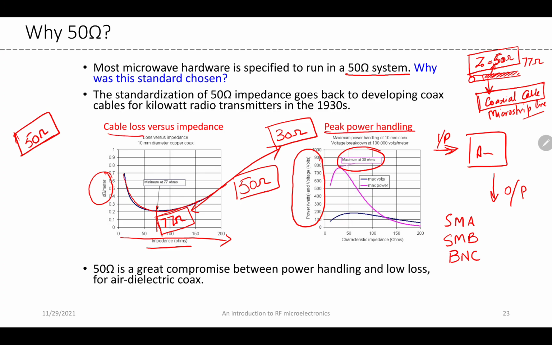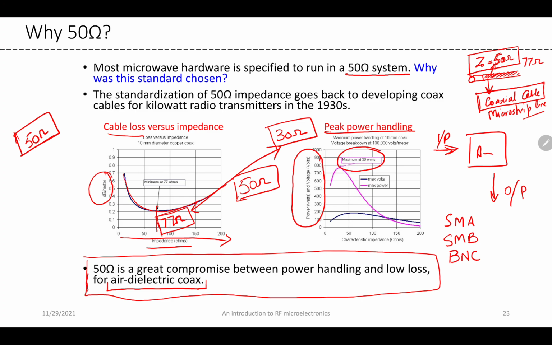So a 50 ohm line is good at power handling, as well as it offsets some cable loss. It's a good compromise between the two, at least for air dielectric coaxial cables. And since then, this standard has been moved on to other forms of transmission lines, and now is a universal standard.